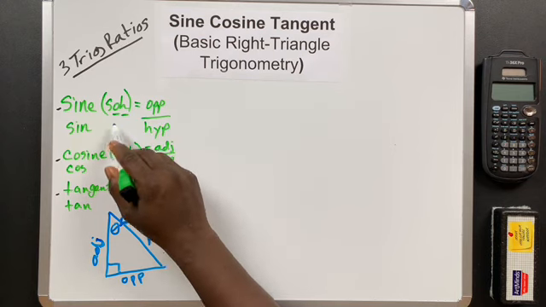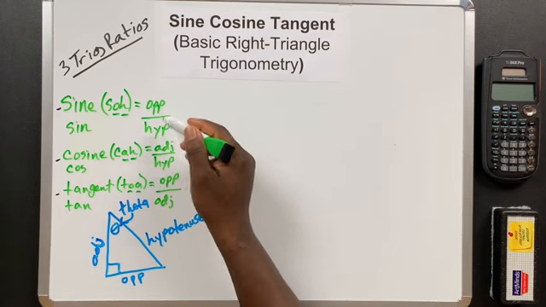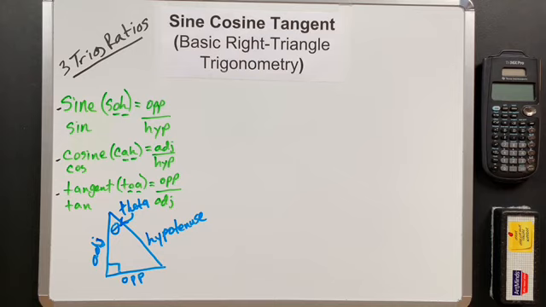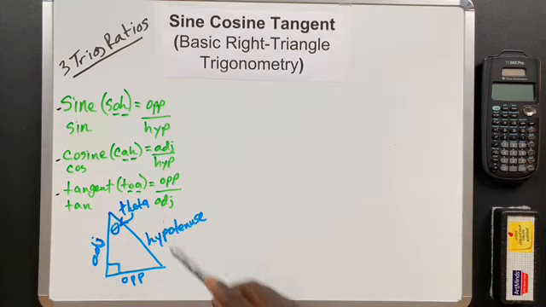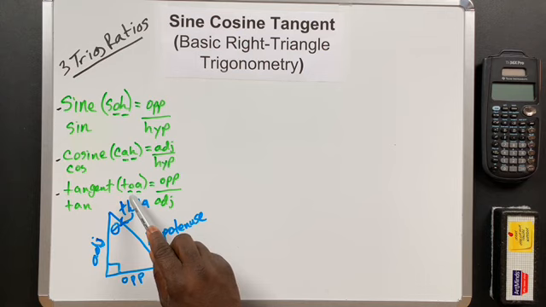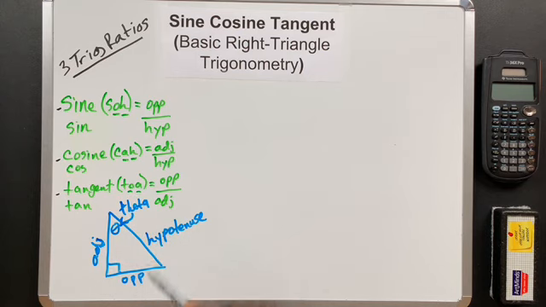Notice we have O and H for opposite over hypotenuse. We also have A and H for adjacent over hypotenuse. We have O and A for opposite over adjacent. So I'm going to leave this right here, and we'll move forward in beginning to solve our problem.